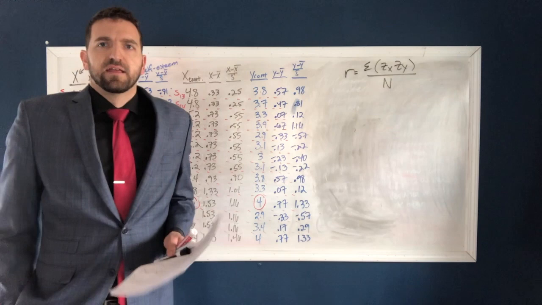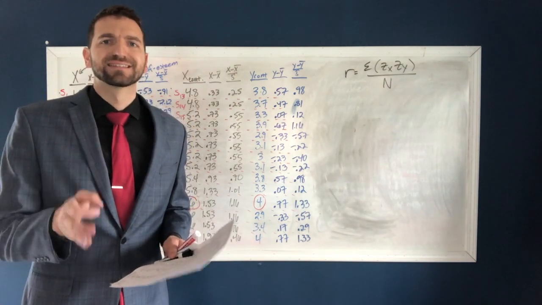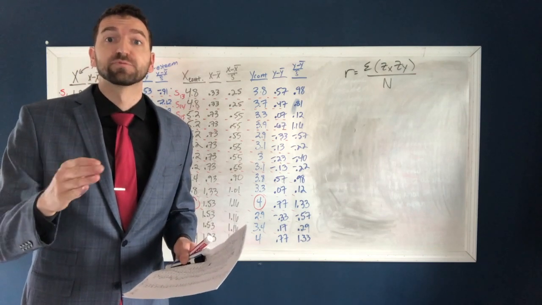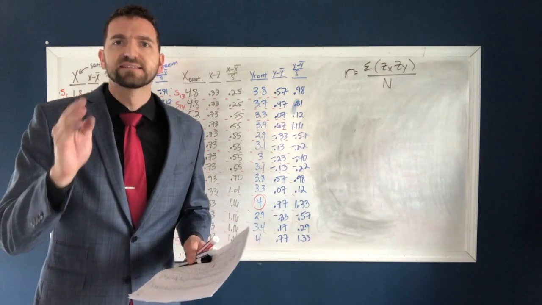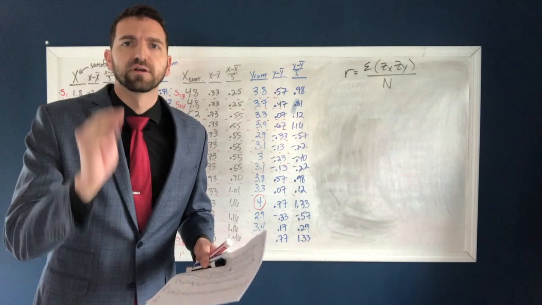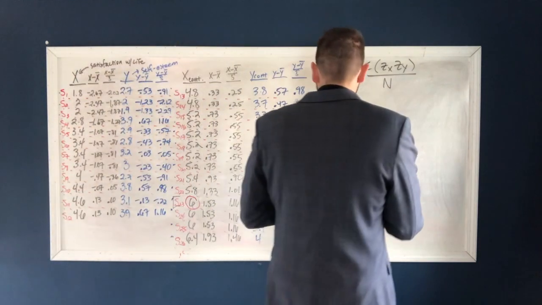Every participant has a Zx, or a z-score for their satisfaction with life raw score, and they also have a z-score for Y, or rather their z-score for their self-esteem raw score. So let's take a look at that.